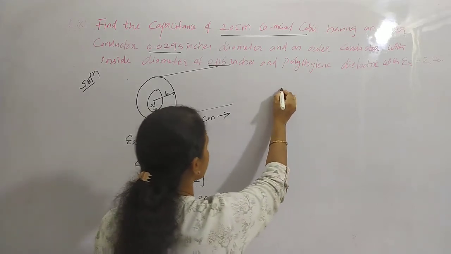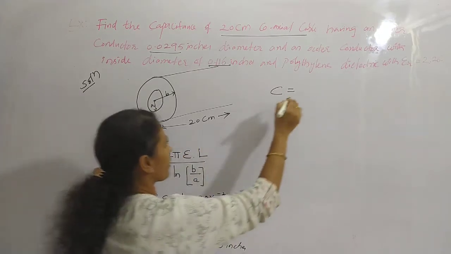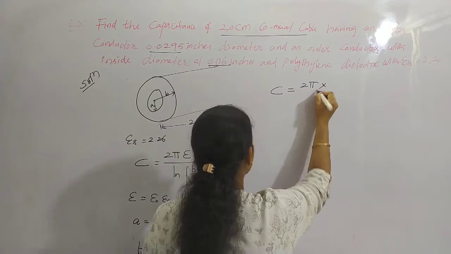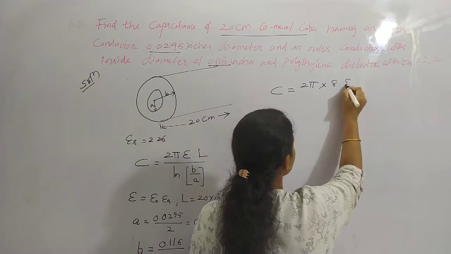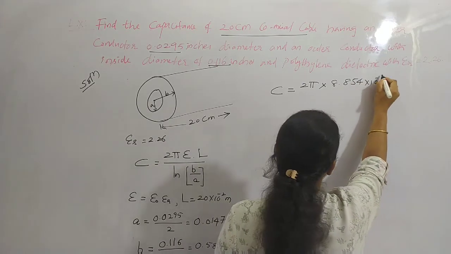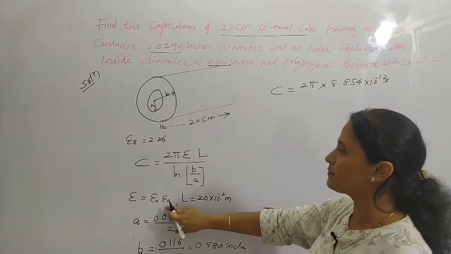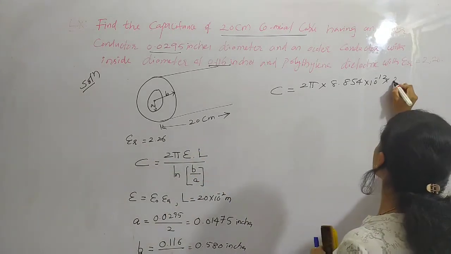Thus capacitance C is given by 2 pi, epsilon is the permittivity of free space 8.854 into 10 power minus 12 into epsilon r, which is 2.26.